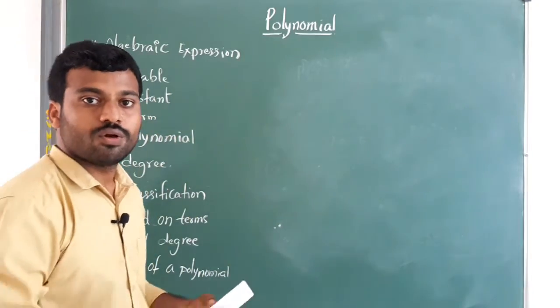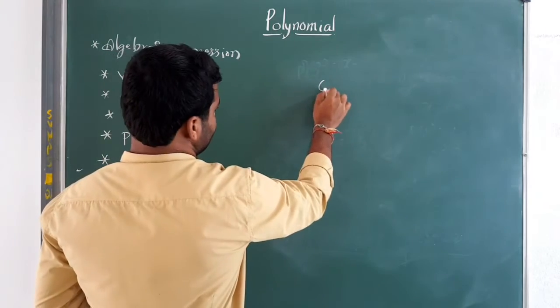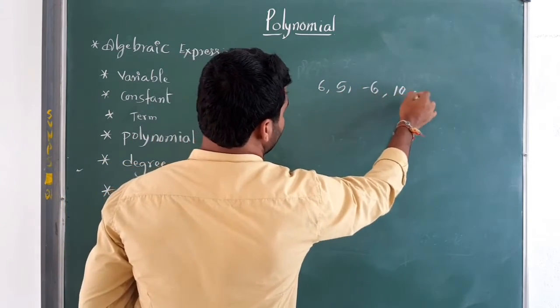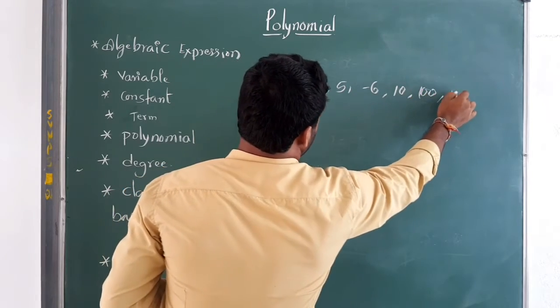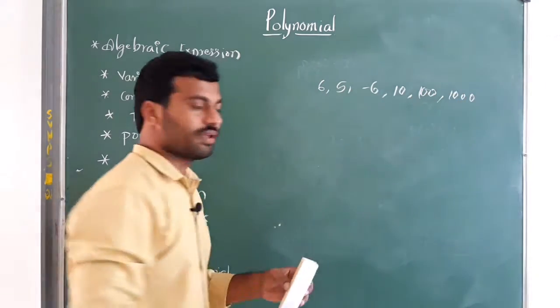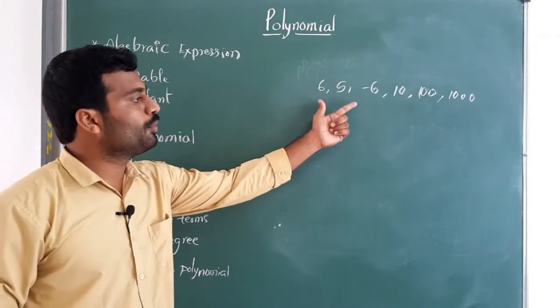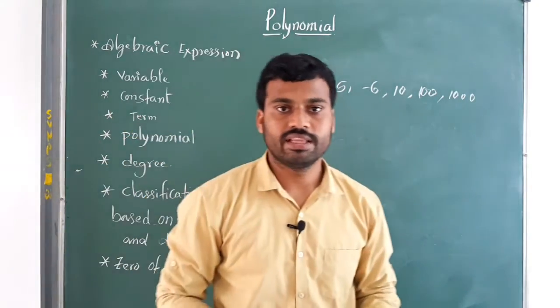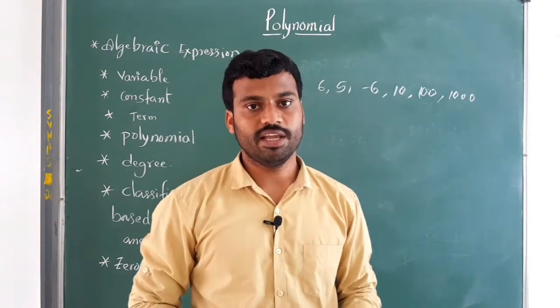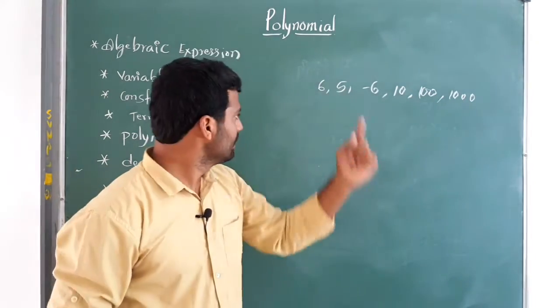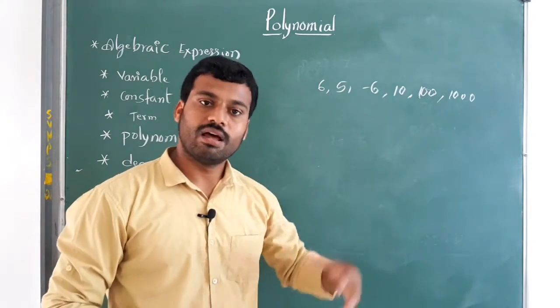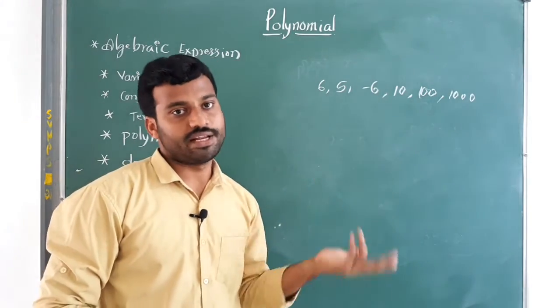Constant numbers 6, 5, minus 6, 10, 100, 1000. Are these polynomials or not? Constant numbers, are they polynomials or not? They are polynomials: 6, 5, minus 6, 10, plus or minus 100, plus or minus 1000.